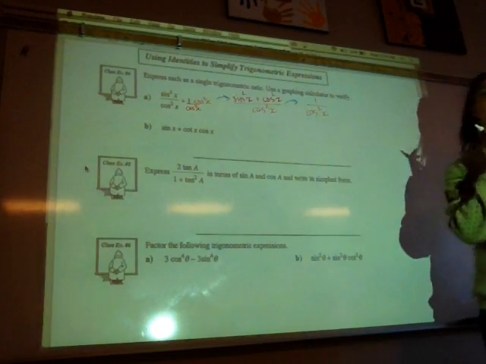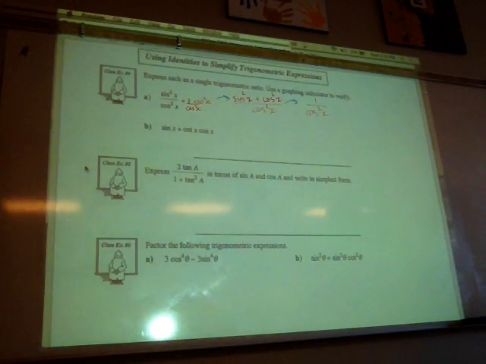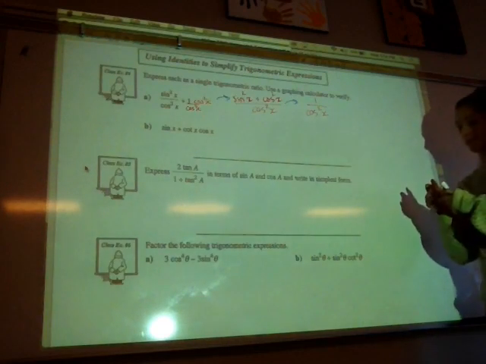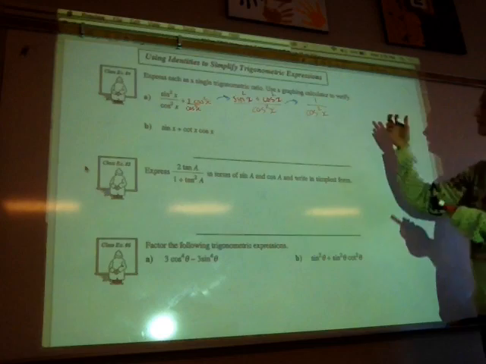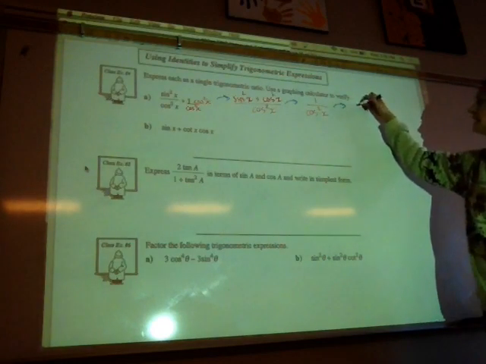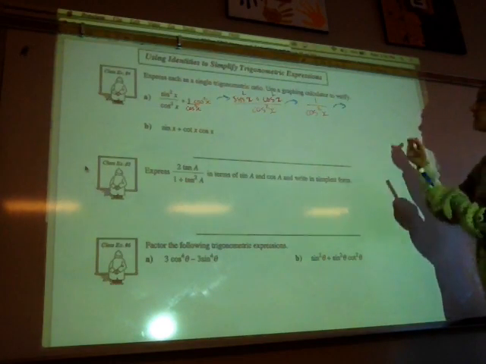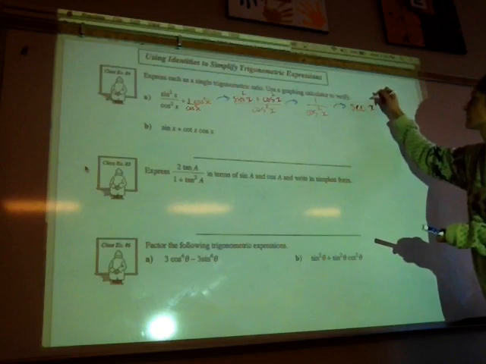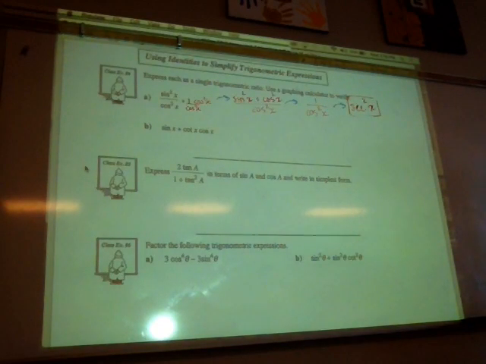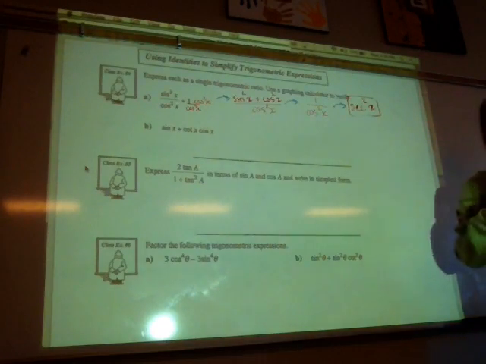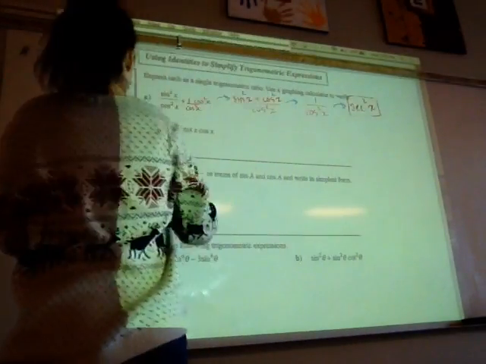And Joes, you weren't incorrect, it's just that will be the second way we solve it. Now we have 1 over cosine. What's the reciprocal of cosine? Secant. So now we end up with secant x squared. One term, one trig ratio, and you're done. So that was method one of how we could do this.